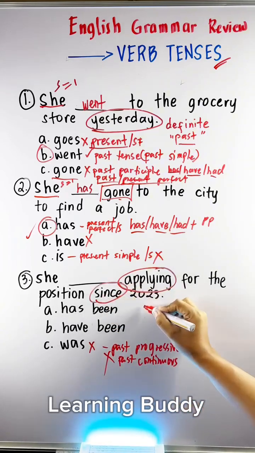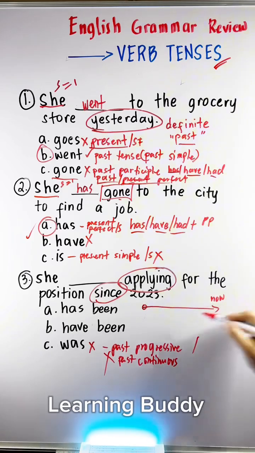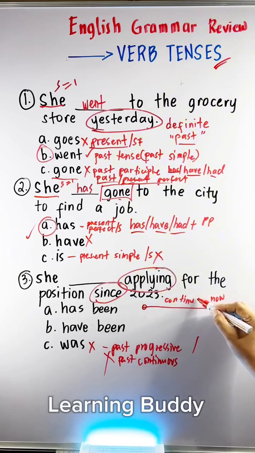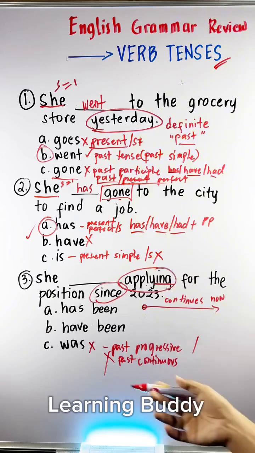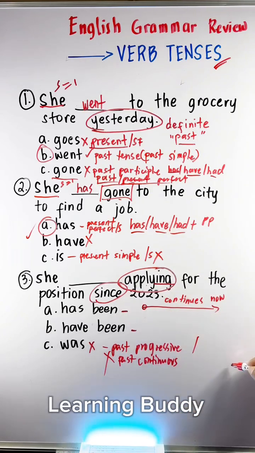Again, since is the clue word that tells us that the action has been started in the past or at a certain time in the past and continues up to the present and may continue up to the future. Again, we will not use the word since with past progressive or past continuous tenses.